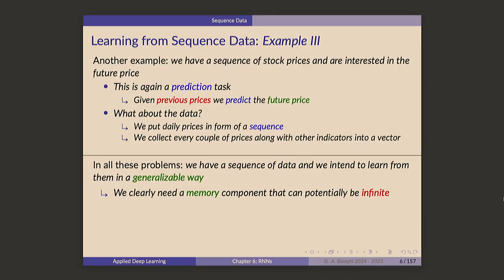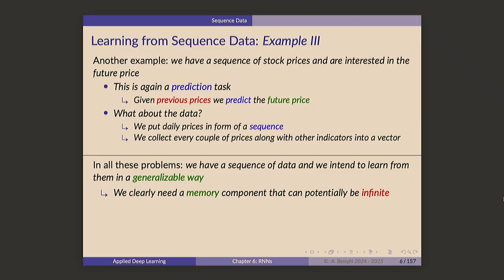Okay, so what we see here is that we basically need a kind of memory in these problems when we deal with sequences. A memory that looks at the whole sequence and extracts a sort of context out of it, something that explains what this sequence is about. Now, theoretically, this memory needs to be infinite in time.